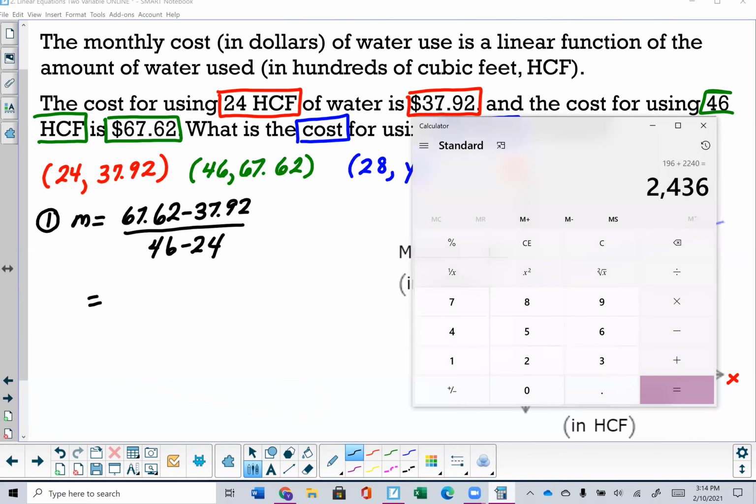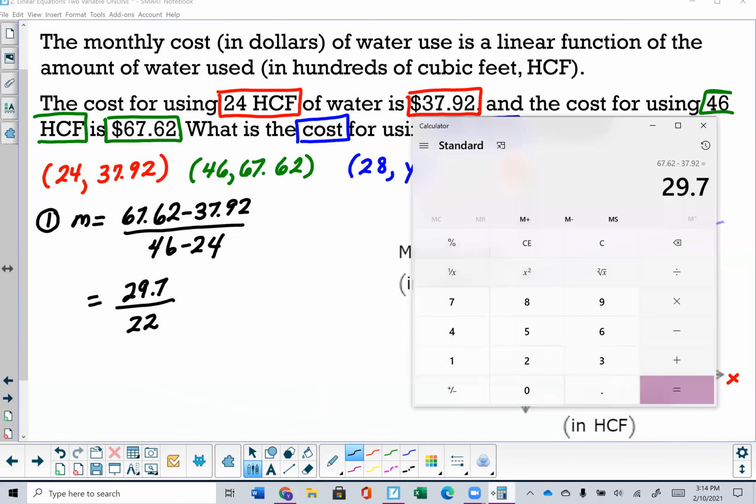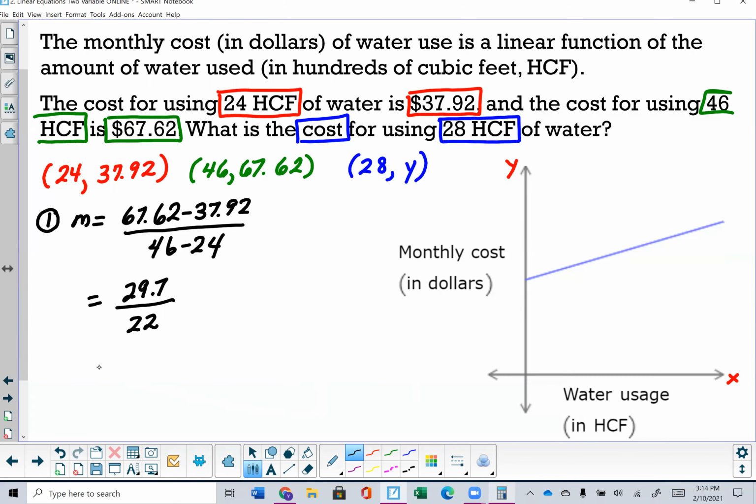Okay, so we have 67.62 minus 37.92 equals 29.7 over, and then 46 minus 24, we get 22. Okay, so let's see if that gives us a nice decimal if we divide that by 22. Yes, 1.35, I like it. So our slope is 1.35.